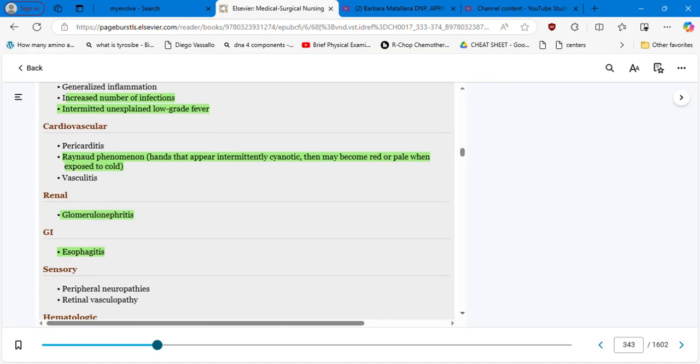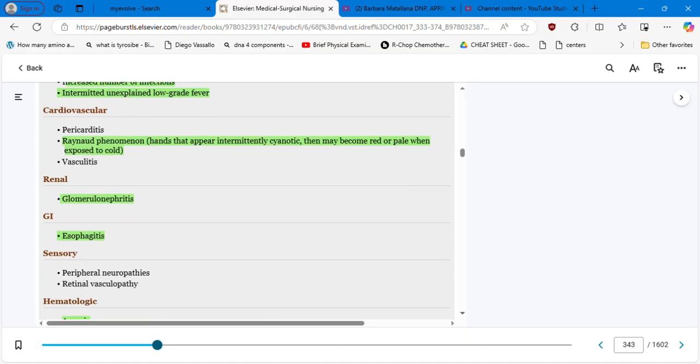Cardiovascular, your Raynaud's phenomenon, which is the hands that appear intermittently cyanotic. They may become red or pale when exposed to cold. I've seen patients having the pale, the cyanotic fingers. It's very weird. It's shocking when you see it.